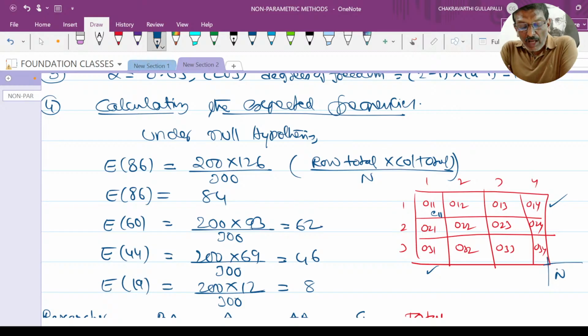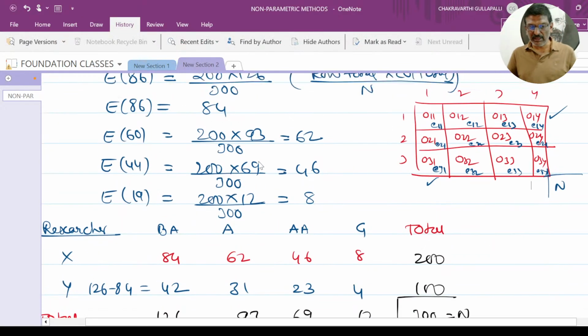That is the formula. Similarly, E12, E13, E14, E21, E22, E23, E24, E31, E32, E33, E34. After that you have to calculate the chi-square value.